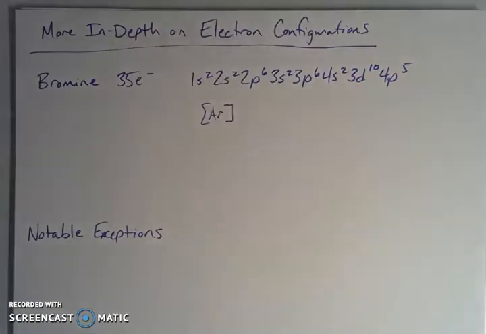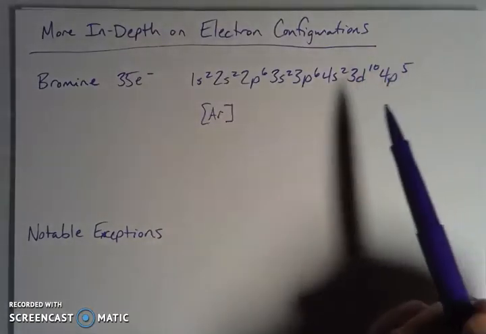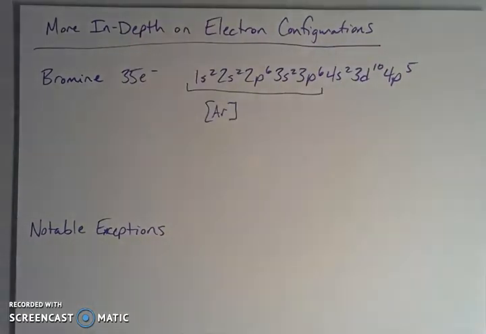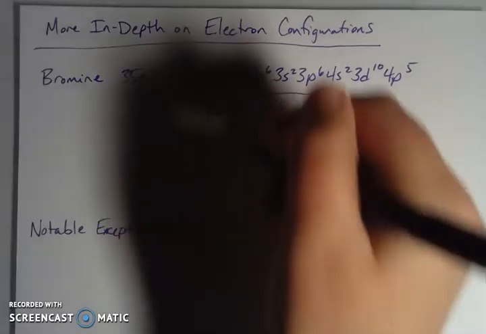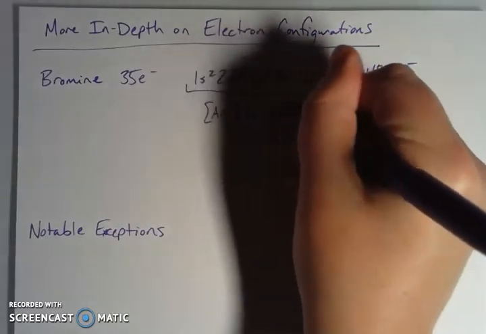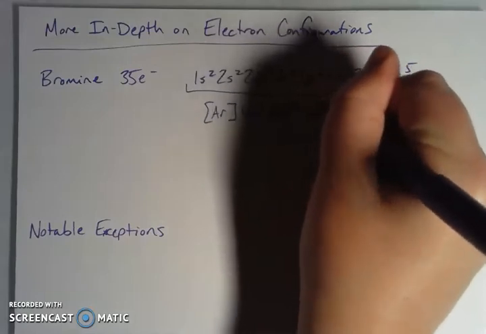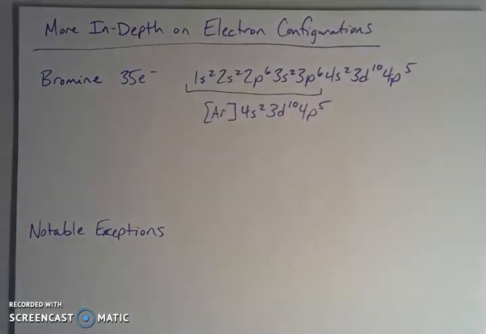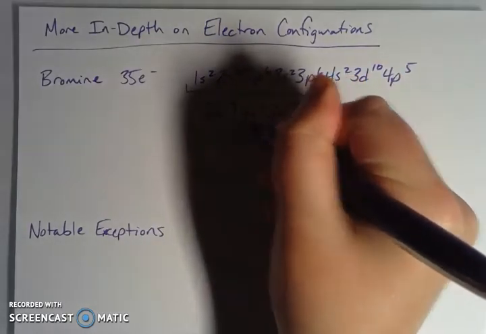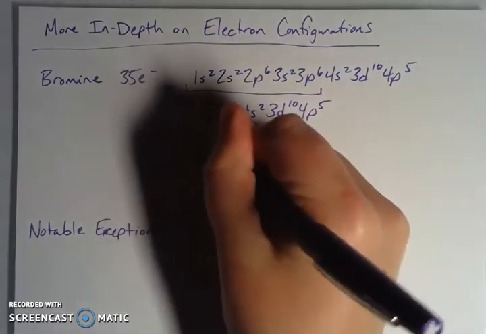And I'm going to put argon in brackets, and that's going to account for everything all the way up through the 3p6, right? That's argon. And then I'll say, here's the rest of it. This is the way that we teach you to do it. 3d10, 4p5.